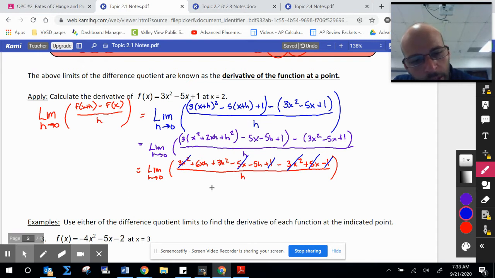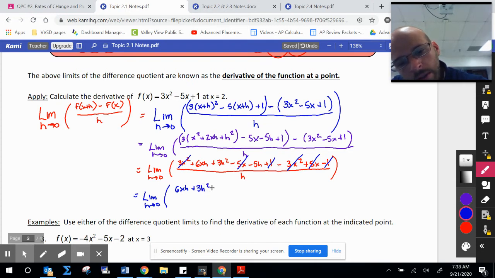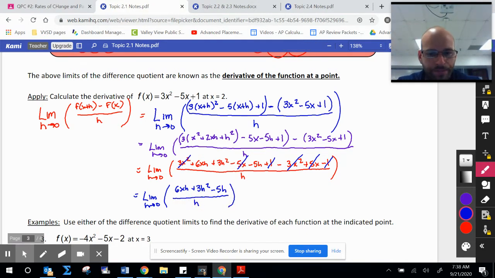What I'm left with is the limit as h approaches 0 of 6xh plus 3h squared minus 5h. You have to be nice and neat here. Take your time and make sure you don't miss any terms. Now you can reduce an h from the numerator and the denominator.